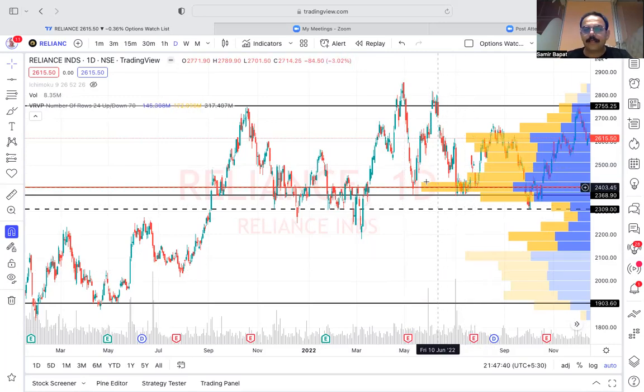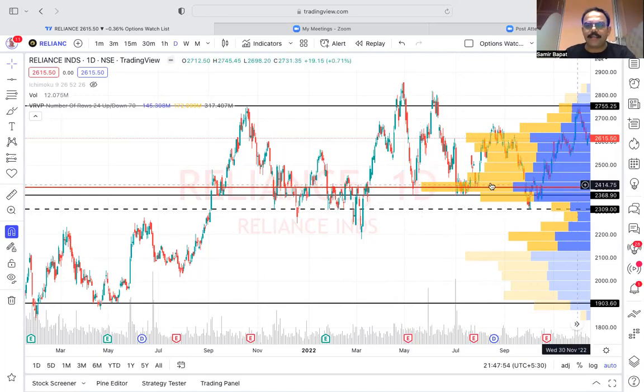Can we say this is the area where the longest bar of this volume profile is coming? That means at 2400, a lot of buyers jumped in to buy. So this profile is highest among the adjacent bars. Can I have a yes from all of you if you are okay?